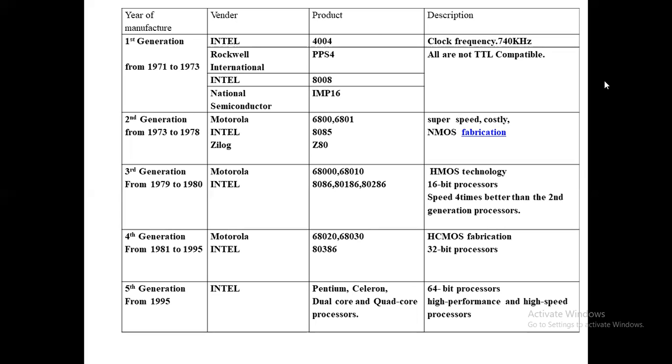In the case of the fourth generation, from 1981 to 1995, 32-bit microprocessors were developed using HMOS and HCMOS fabrication.